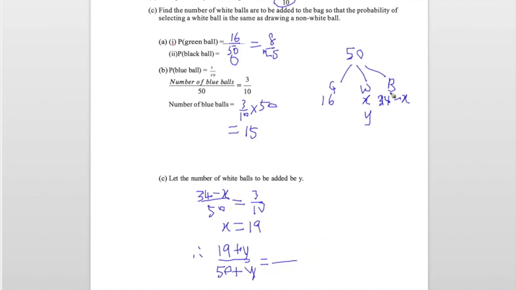Now this one is 31 white balls over a total of 50 plus y, and that gives us y is 12. Right?